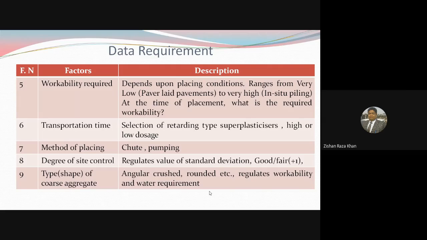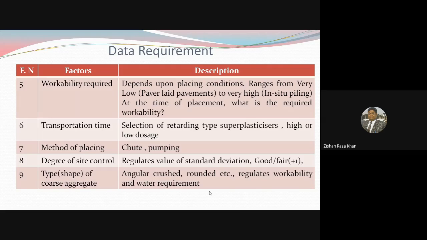In this case, you do not need much treatment. But if you are pumping the concrete, you need to be very careful about its grading so that pumping can be done. For pumping, a workability range of 75 to 100 is quite suitable, but for a chute, concrete of low workability can also be placed.